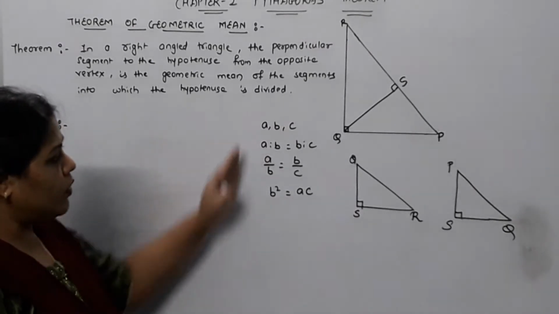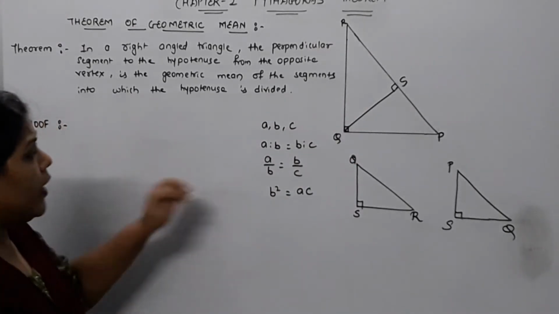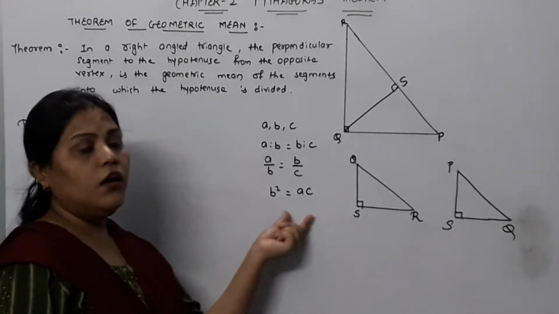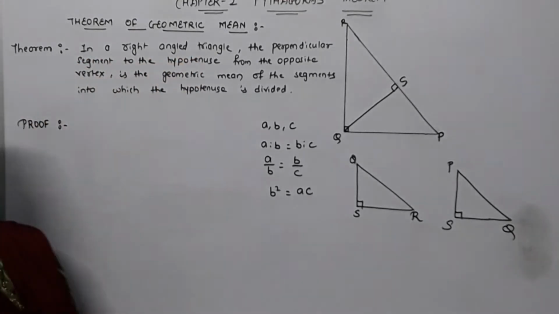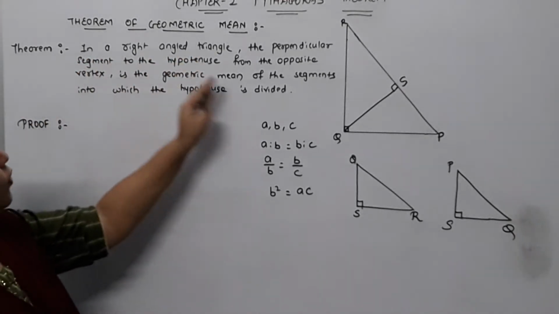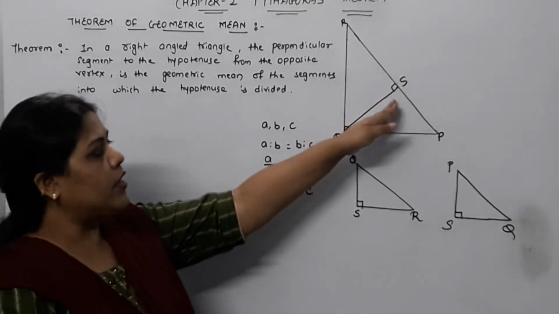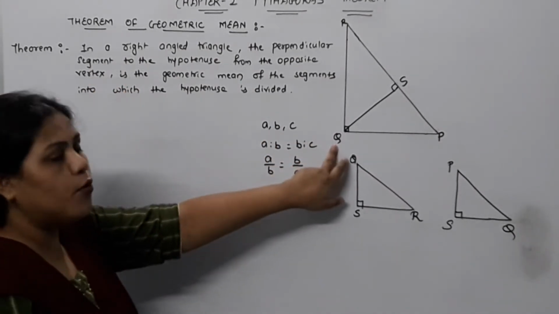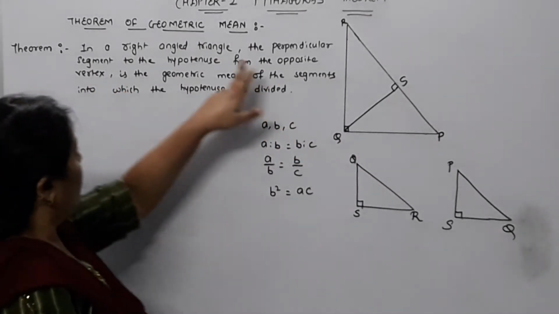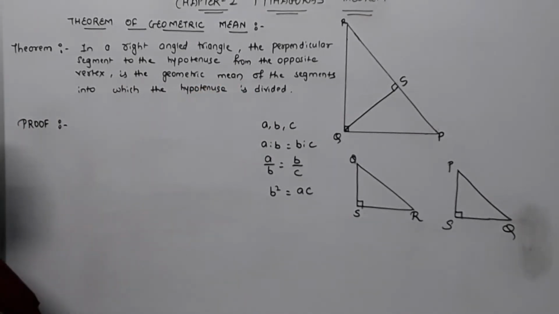Same way, now we will relate this to the theorem, right? And instead of A, B, C, we will take the segments. See how? In a right angle triangle, the perpendicular segment to the hypotenuse from the opposite vertex, that is from vertex Q, is the geometric mean of the segments into which the hypotenuse is divided.